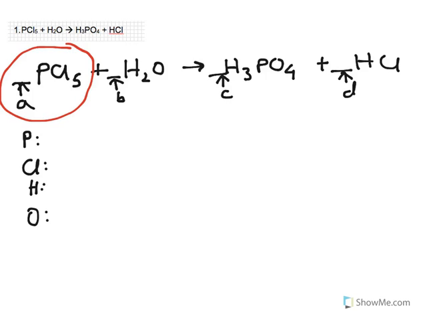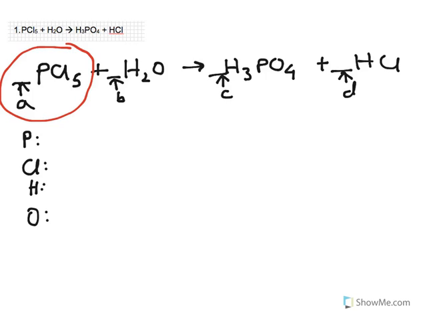And hence, we can easily assume that for the element P, we have 1A, and for the element Cl, we have 5A. Once we have that, we look for the same elements on the products and follow the same method with the variables they are assigned with. And this allows us to create equations.